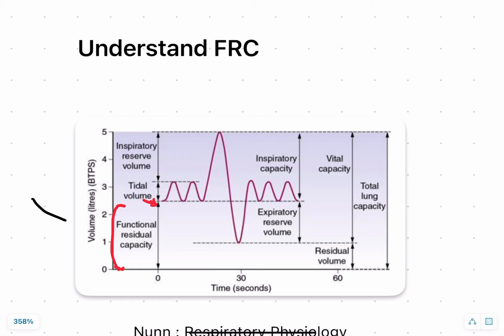But functional residual capacity is a combination of the expiratory reserve volume, that is, at the end of a normal breath, if you force yourself, you can still expel some air, that is the expiratory reserve volume. And there's going to be air that you can never expel no matter how much force you use, that is called the residual volume. The combination of these two is called functional residual capacity.